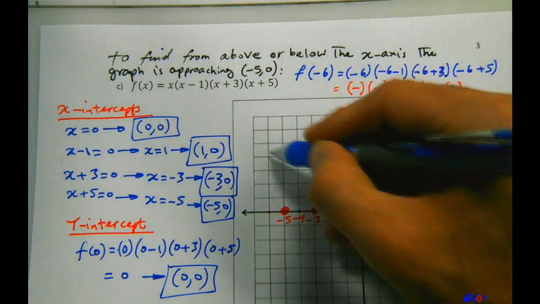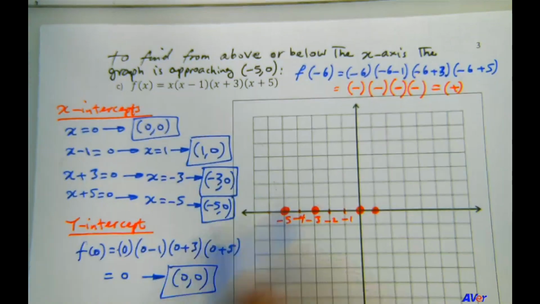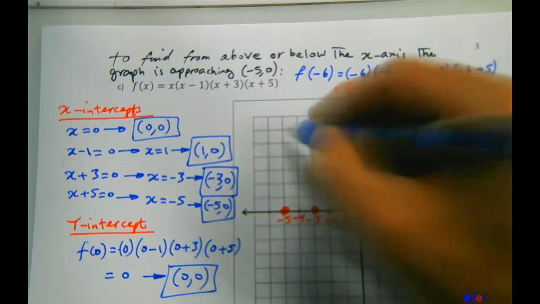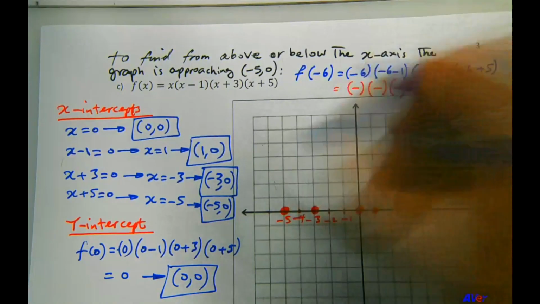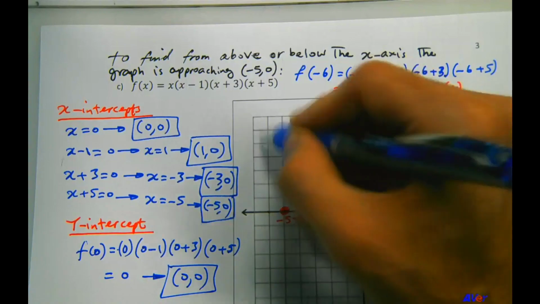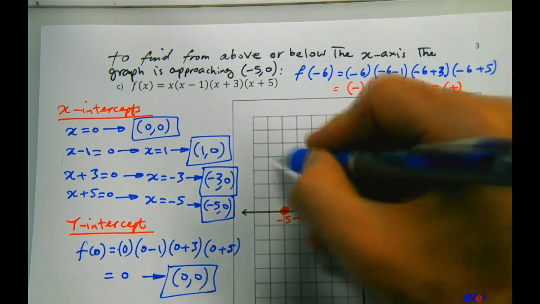And remember, all of these have odd multiplicity, so I must pass through the x-axis and come up again in all of them. But now I know from which side I should approach this point, not from below, from above. Why? Because now I established that with this test.